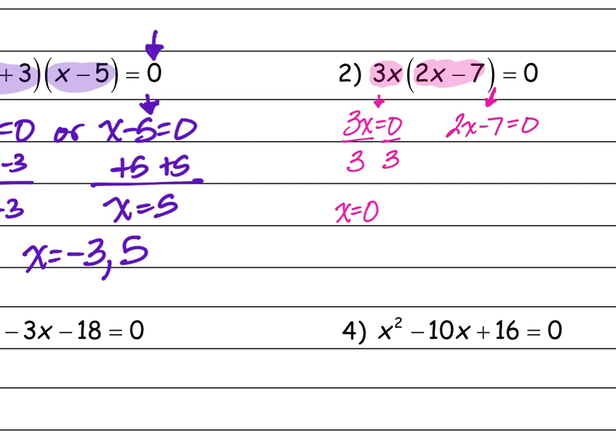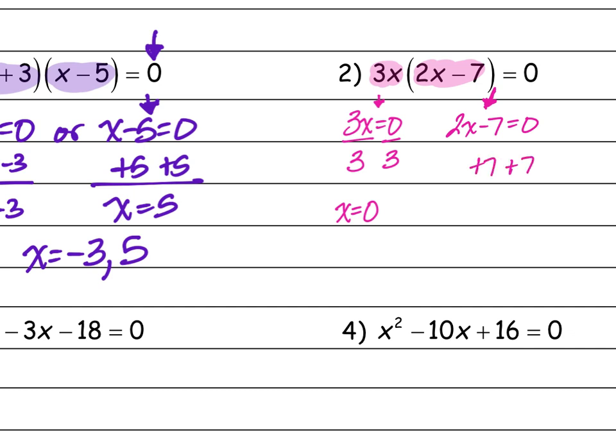Now we're going to do the second one. I need to solve for x. This one's a little more complicated to solve for, but not much. We've done this in class, so I know you guys can do it. What do I do first? Add 7. Very good.